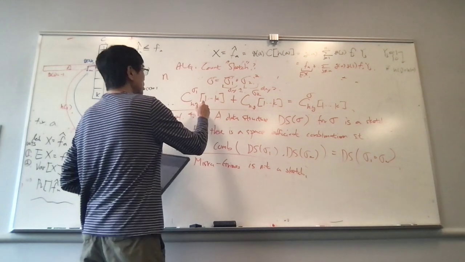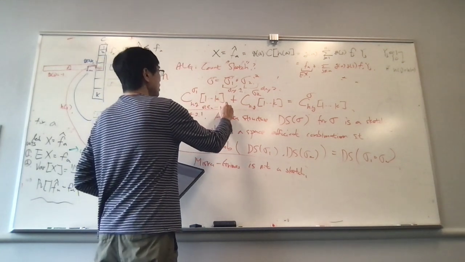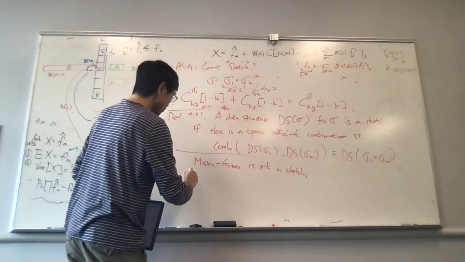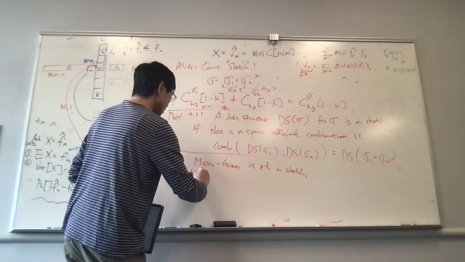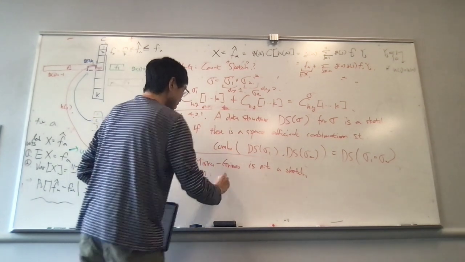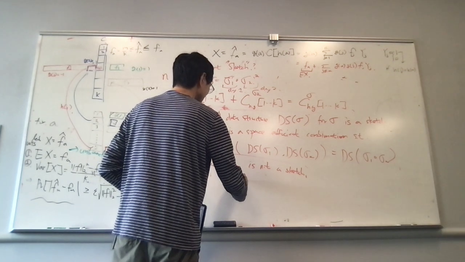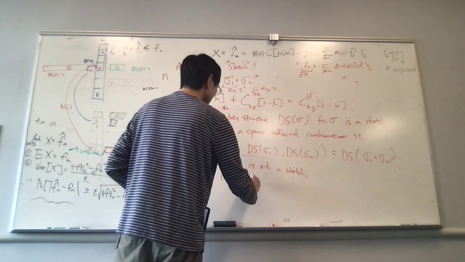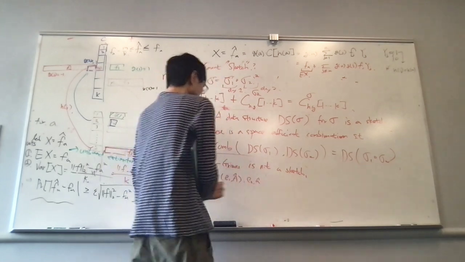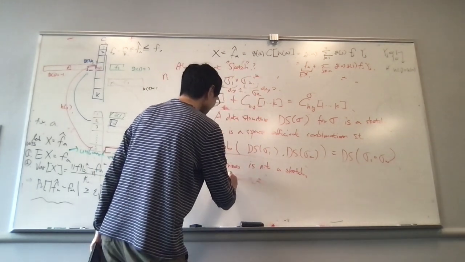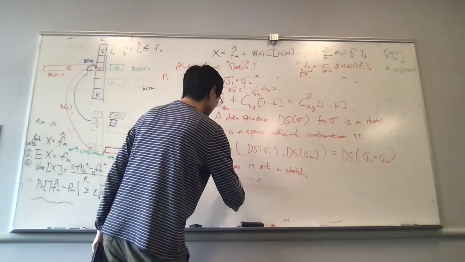So you have element 1, element 2, up to element k. For day 1, you have something like E1, F1, E2. Probably it's bad notation, sorry.